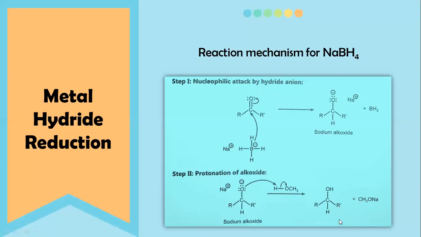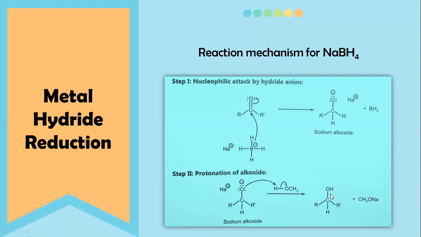So this leads to the formation of alcohol. To this carbon atom, a hydrogen is newly attached, which means reduction is taking place here. This double bond oxygen is converted into single bond OH, which again means addition of hydrogen is taking place.